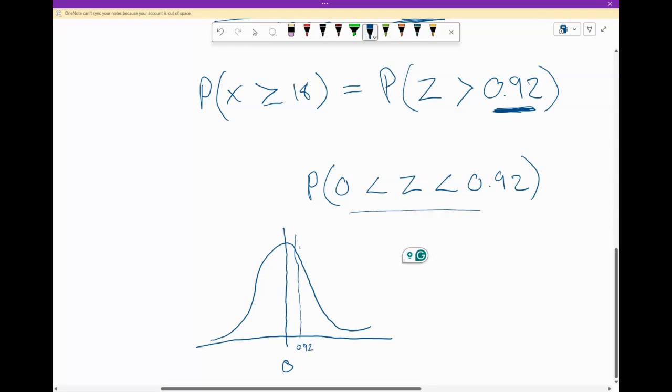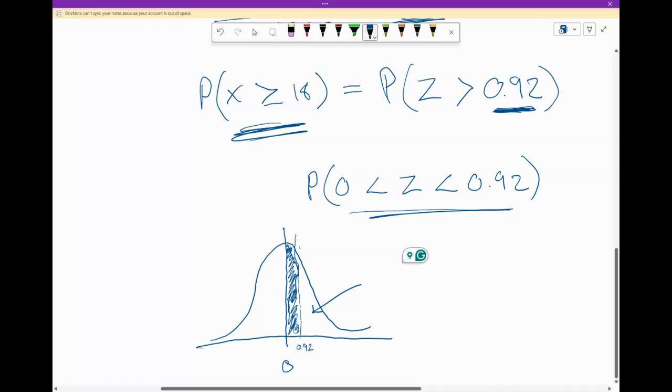So this here is basically saying everything between the 0 and the 0.92 line. That's the area that we have when we look for the probability on the Z distribution table. But remember, they said greater than, so we actually want this portion here.